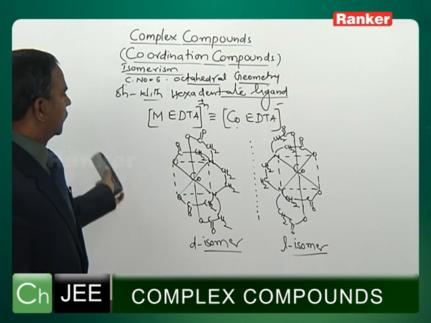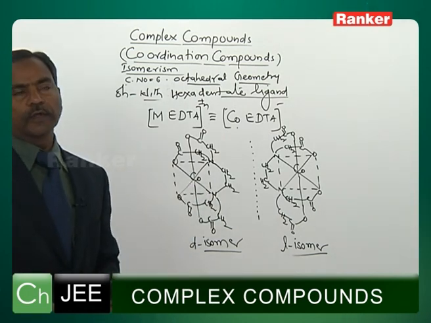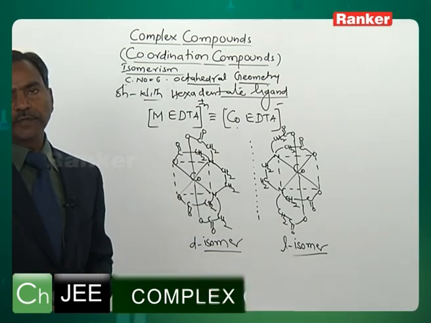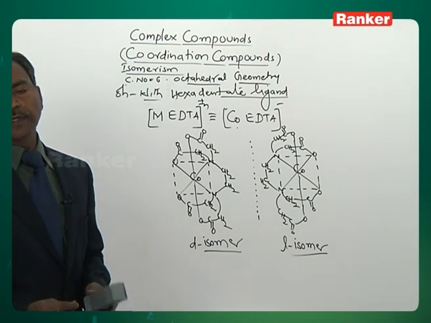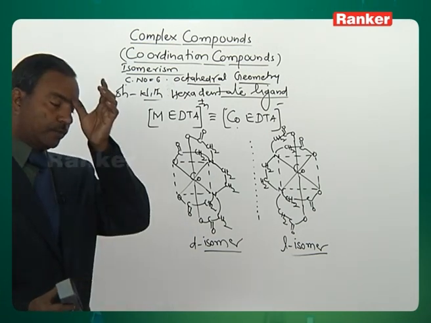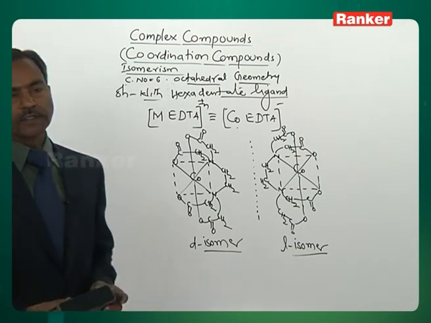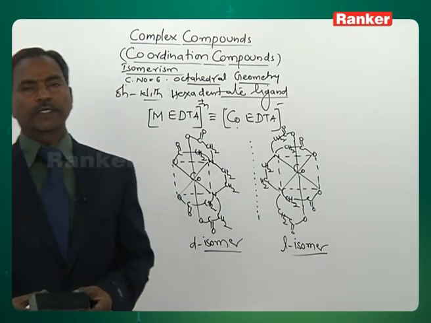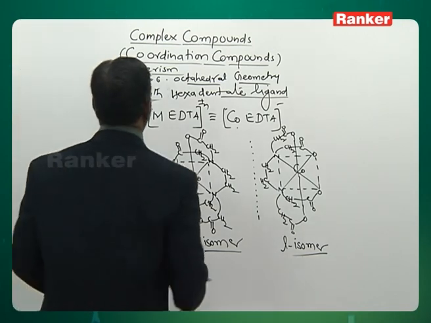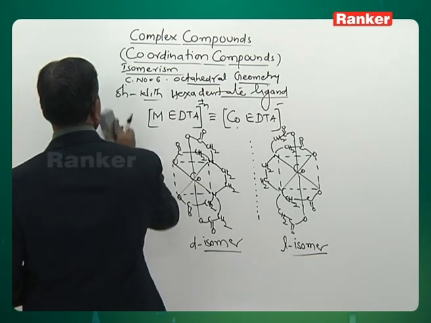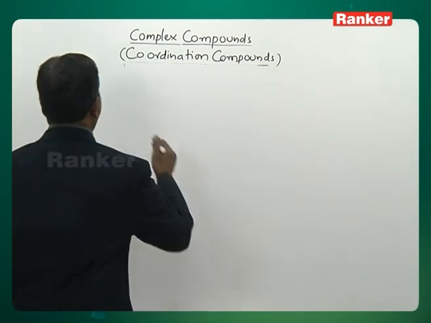So, these are the different types of isomerisms from the beginning: structural isomerism, stereoisomerism, all the different types we have taken. Next, let us discuss stability constants. Stability constants of the complex compounds we will discuss.